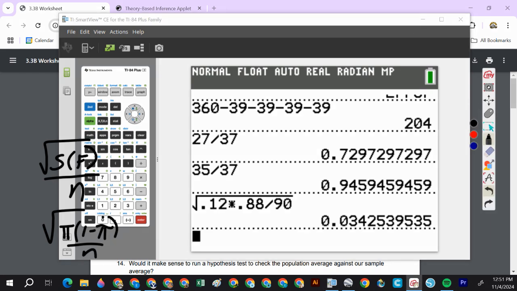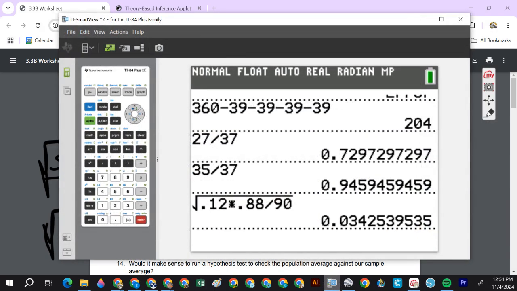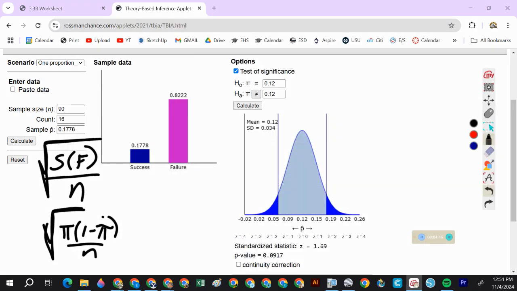Okay, and I think I wrote this. Make sure that this square root includes the n. Okay? But the nice thing is we don't actually have to calculate that because it's in the app. So my calculator gave me 0.034, but if I pull up the app, I get the standard deviation is 0.034. Okay? So there is a formula.